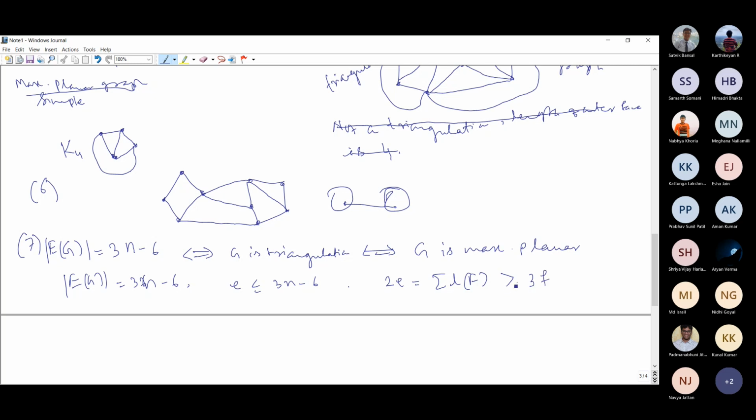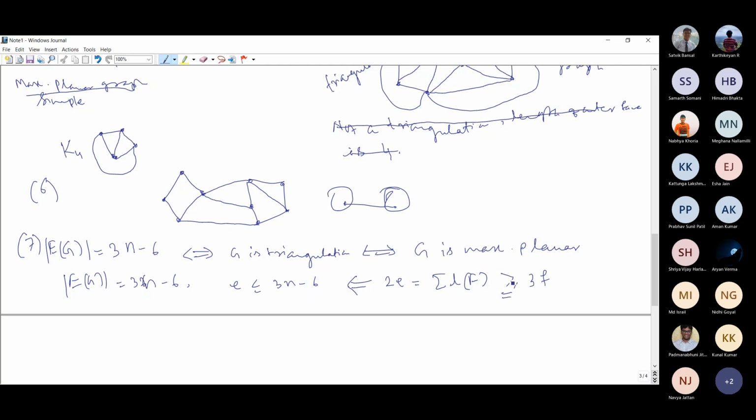So from there we obtained that E is less than or equal to 3n minus 6. You get equality if and only if this becomes equality. If this becomes equality, then only you will get that E is equal to 3n minus 6.